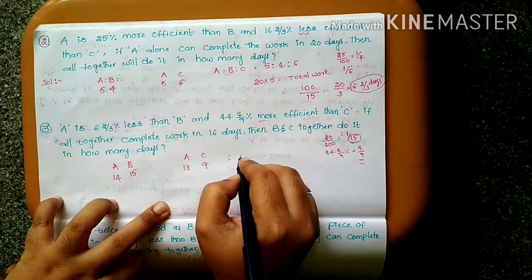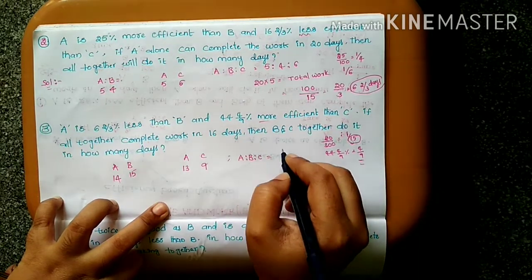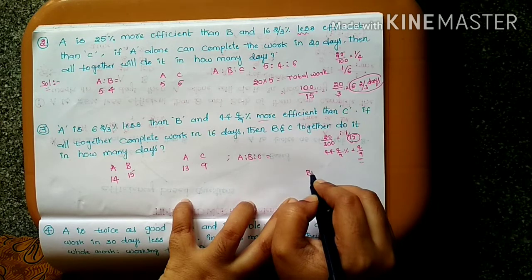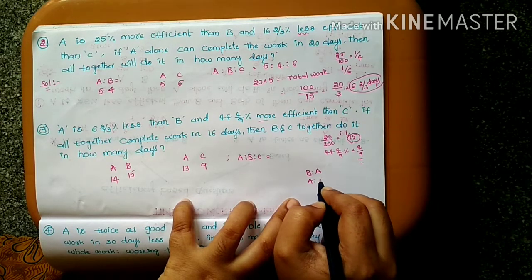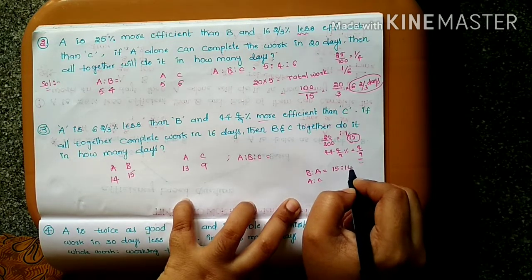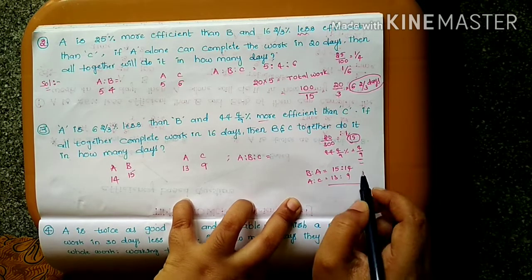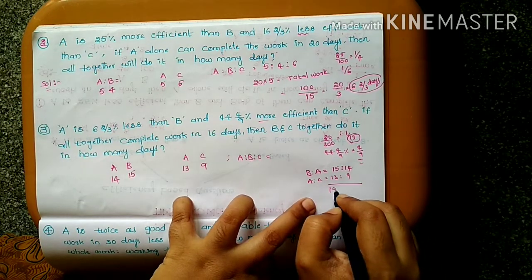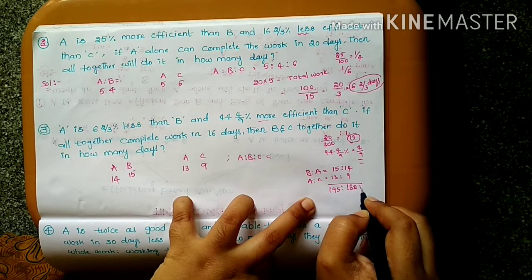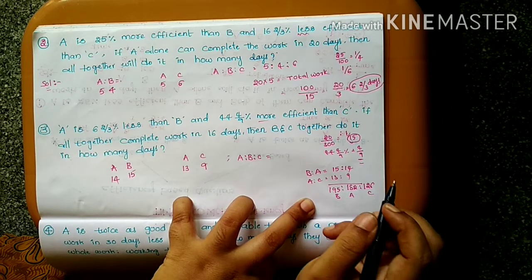So finally we have to find the A to B to C ratio. First B to A to C: B to A is 15 to 14, A to C is 13 to 9. So 195, 182 to 126. This is the B to A to C ratio.